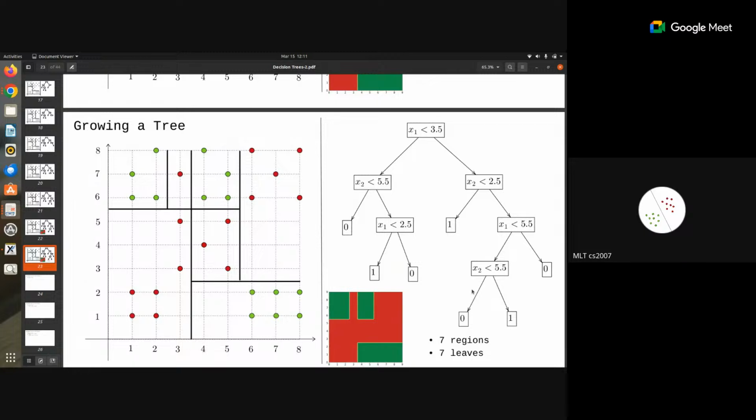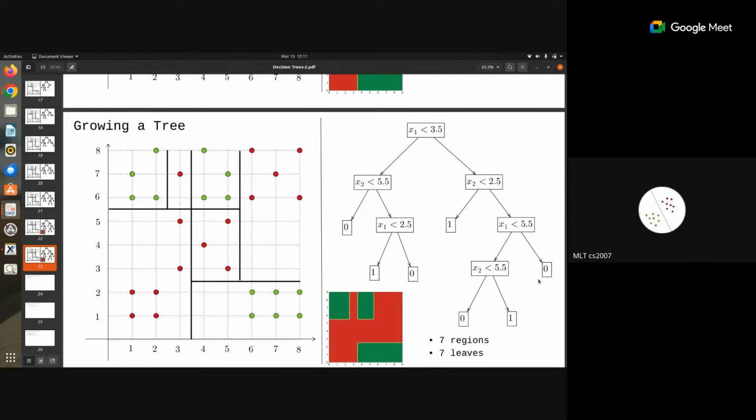Is it taught, like, what is the depth of the tree? 5, 4? 4, right? So this is the depth of the tree.